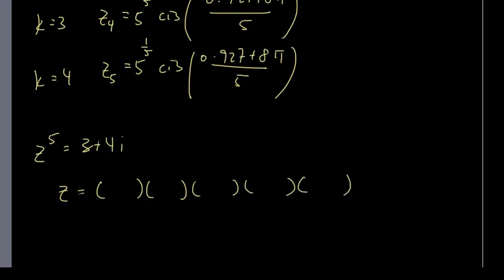And to get each of these, we iterate k: k equals 0, k equals 1, k equals 2, k equals 3, and k equals 4. Remember that k equals 0 still generates a root. So when k equals 0, that's my first root, then the second, third, fourth and fifth.